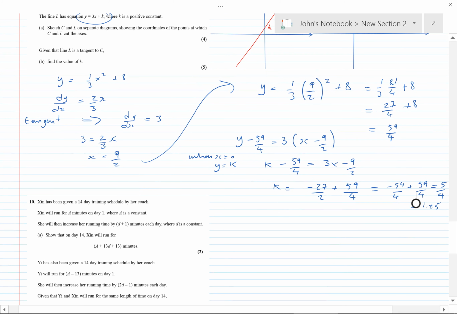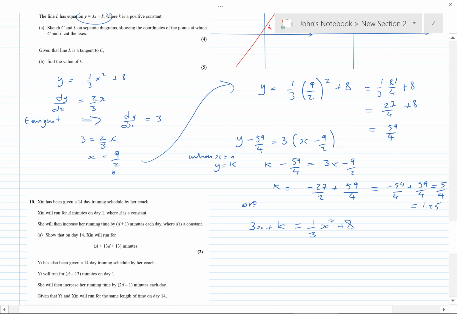Thinking about it, it might have been quicker to not work out the 59/4 at all, and just put the value 9/2 back into this equation, which has to hold, which is 3x plus k is equal to a third x squared plus 8.